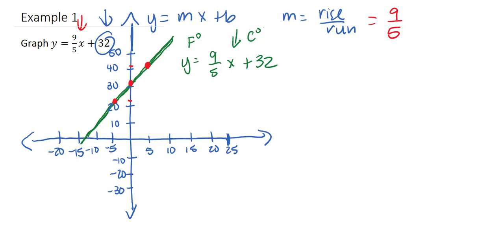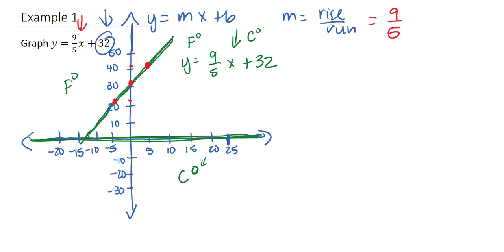When we have any value for x, on our x-axis, this is what it equals on our y-axis when we get to that point. So this is an illustration to show how we go from Celsius to degrees Fahrenheit.